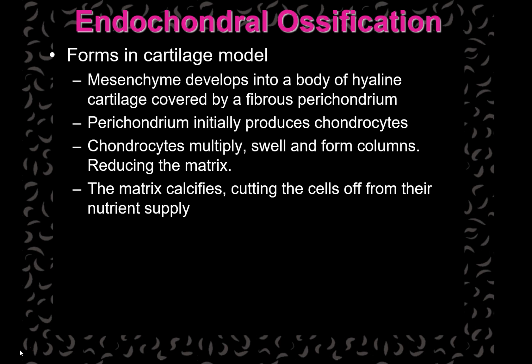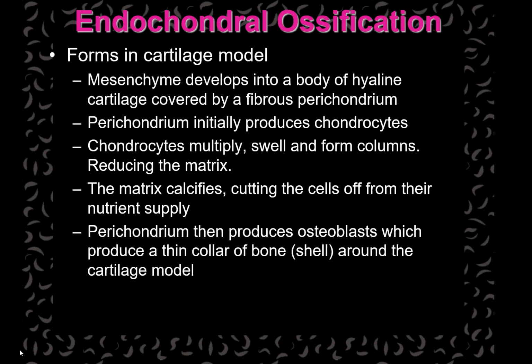The cheese is fairly stable, but if we put enough holes in it, or we're playing Jenga and we take enough pieces out, now this thing is unstable. So what's the body going to do about that? The perichondrium will then start to produce some osteoblasts, and they're going to put a collar of bone, basically a shell of bone around the outside, to help protect it from being so unstable.